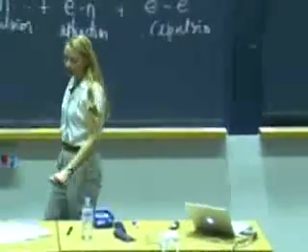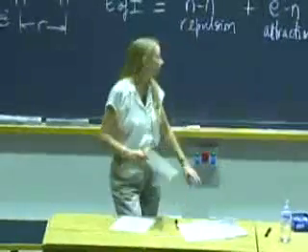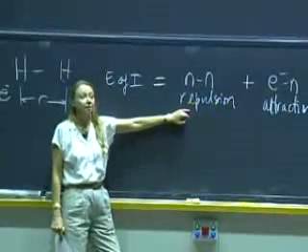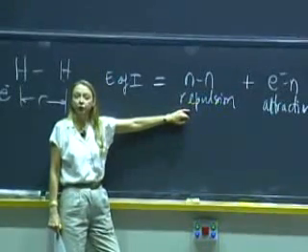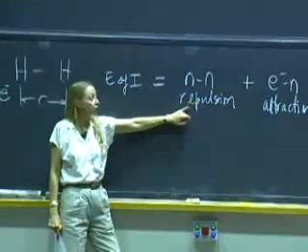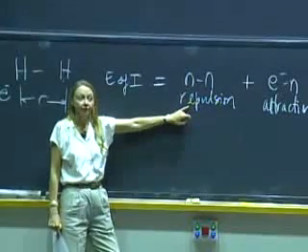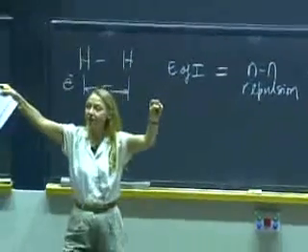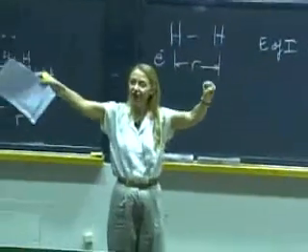All right. And I think last time we recognized what the R dependence was for the nuclear-nuclear repulsion, right? The nuclear-nuclear repulsion is just the Coulomb interaction energy between two like positive charges.